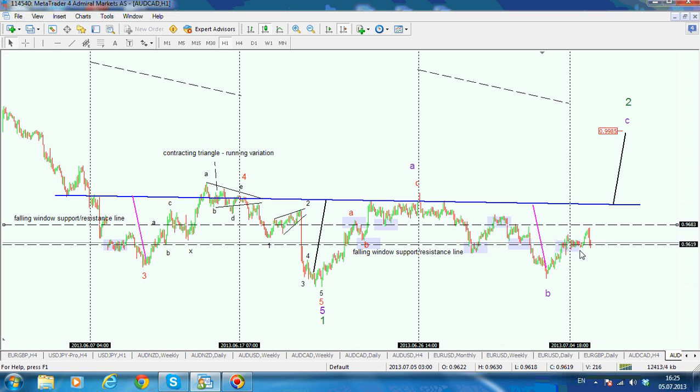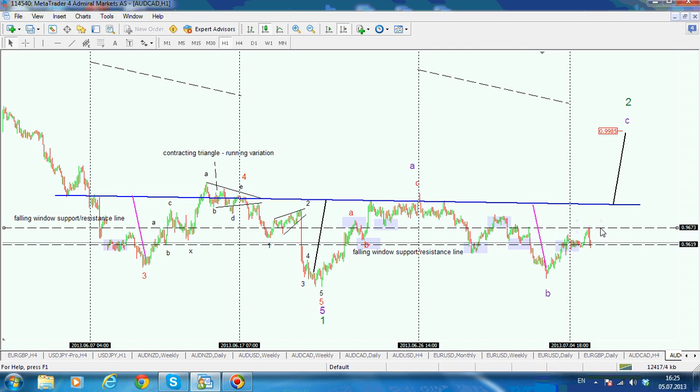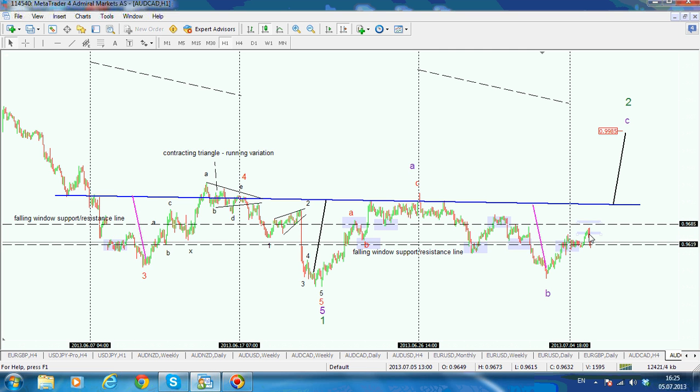So it was here, then here, and now again we are in the same support area. Now from my point of view, providing these lows in the B wave hold, I will look for parity, and that would be my target for the Australian dollar Canadian dollar cross.